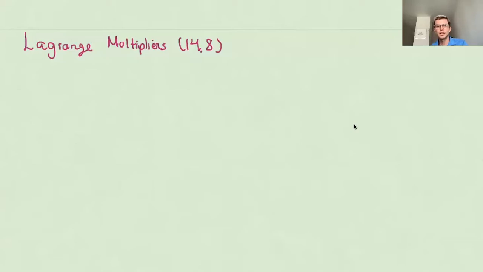So yes, I was saying we're going to talk about Lagrange multipliers. Let's say that you want to build a box, right? With no top, so it's like an open box.